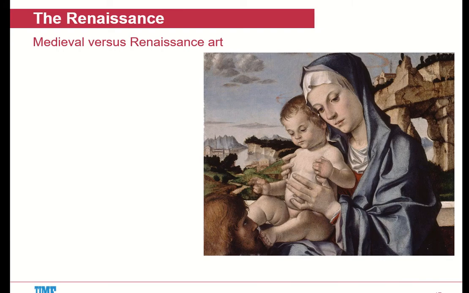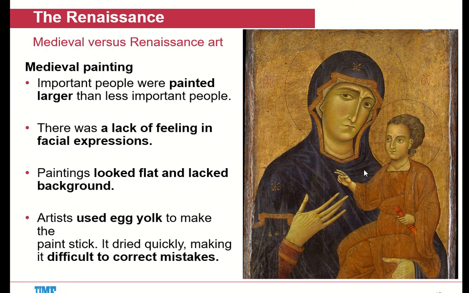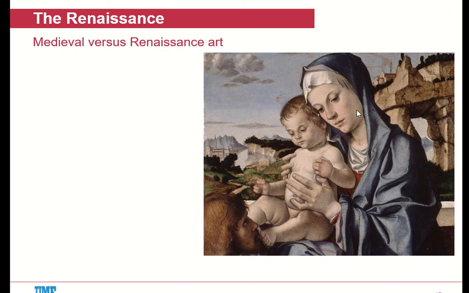Now we're going on to Renaissance art. Straight away, guys, you can see here we have a picture from the Renaissance era, similar to the picture on this slide. This picture is of a woman carrying a child. It's probably actually Mary, Joseph, and Jesus. But you can see straight away the sheer detail in the picture.